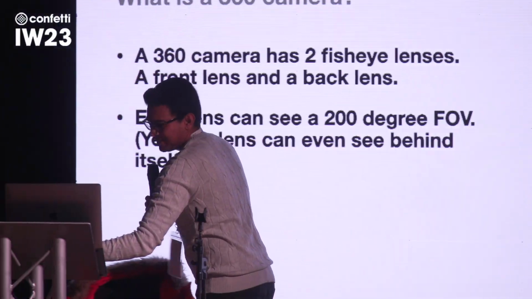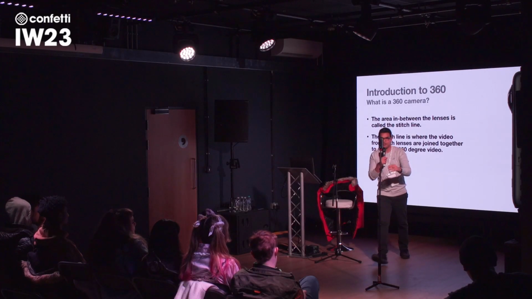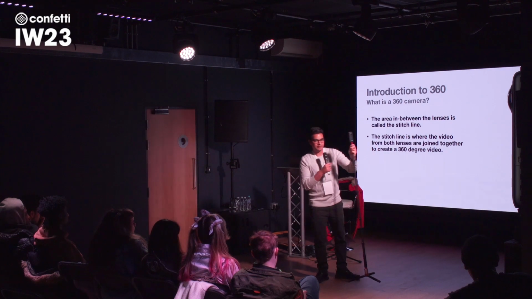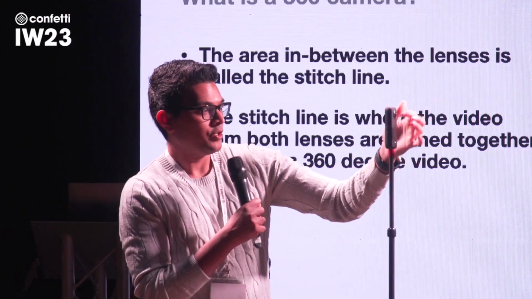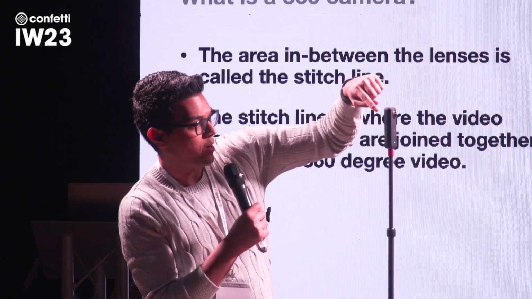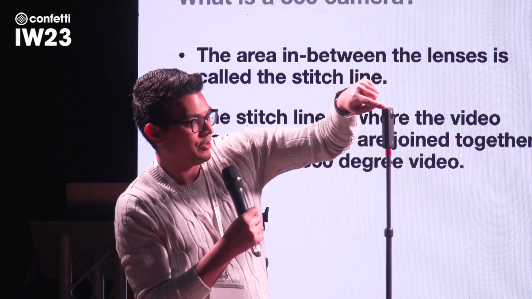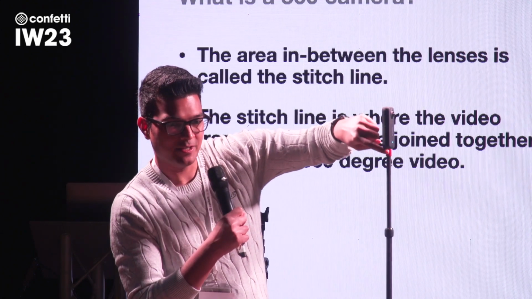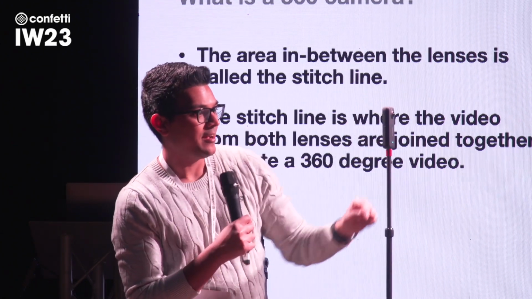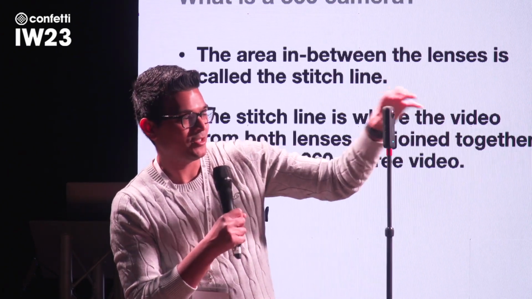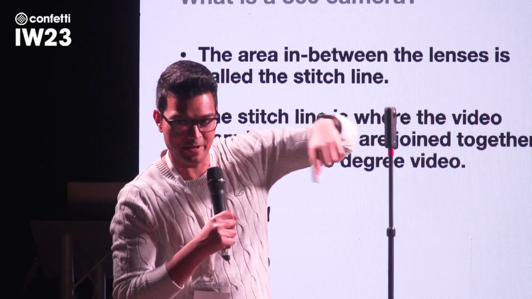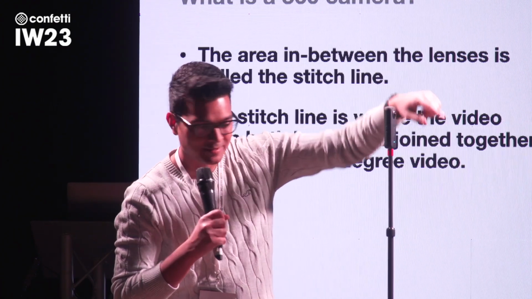So what happens is, the area in between the camera is called the stitch line. So where the video of both lenses overlap, you can imagine it being stitched together over here. And this is how you get the 180 from this lens, the 180 from this lens, together to make a 360 video. Make sense?